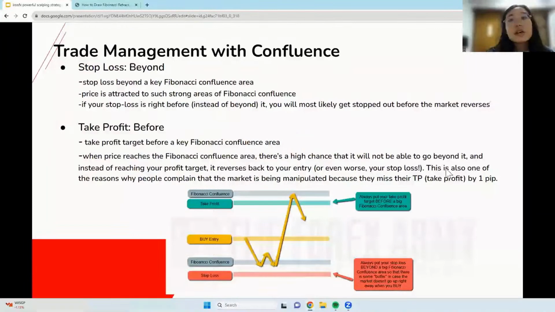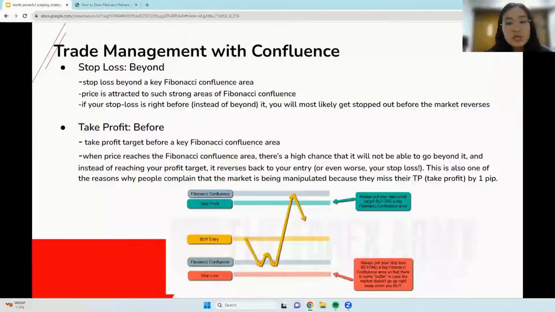Now we're going to talk a bit about trade management with confluence. A good habit is to place your stop loss beyond a key Fibonacci confluence area. The reason for this is because more often than not, price is attracted to areas of Fibonacci confluence, like we mentioned earlier.